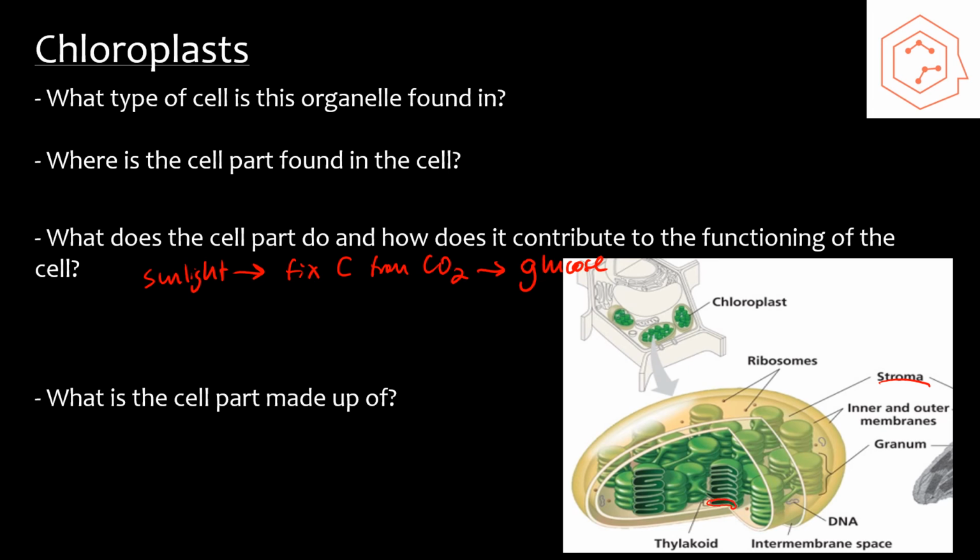The internal thylakoid membranes contain chlorophyll, and they form these membranous sacs. Each of these stacked discs is called a granum, and inside the thylakoid is the thylakoid lumen. A dysfunction results in leaf chlorosis.